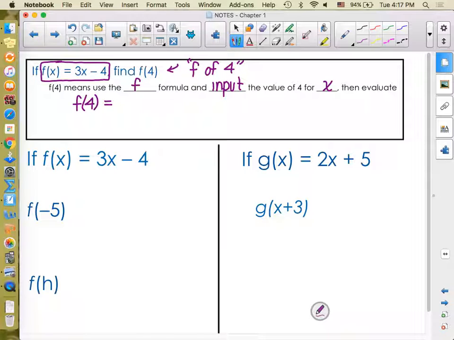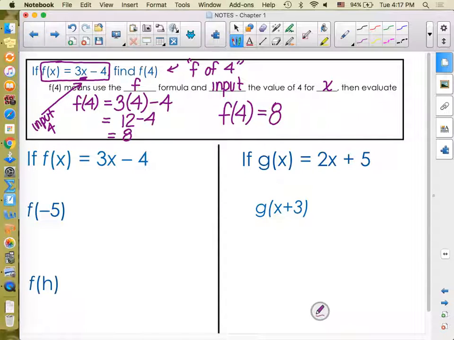I'm going to go up to that formula, and that formula says 3 times your x value, so 3 times the input or x they want me to use, take away 4. So where that x is, that becomes where you're going to input the 4 that they give us. So evaluating this, think order of operations, I need to multiply first, then subtract. So here's what we know. F of 4's value then is 8.